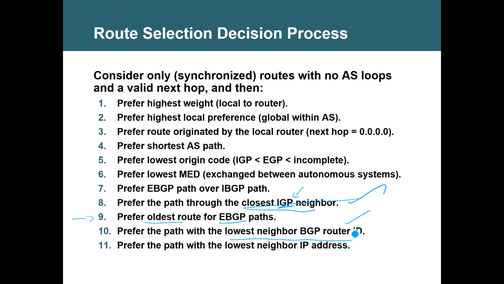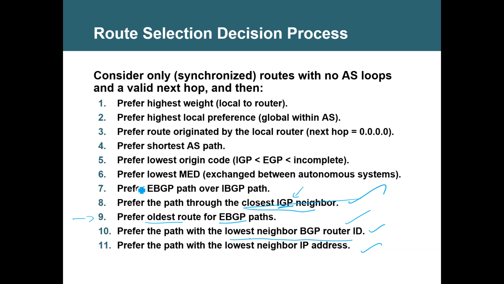Let us say, just for an argument, there is a tie in this. Then comes this one. Lowest neighbor IP address. Will there be two neighbors with same IP address? No way. In a public network, it is not possible. So one will be lower than the other.